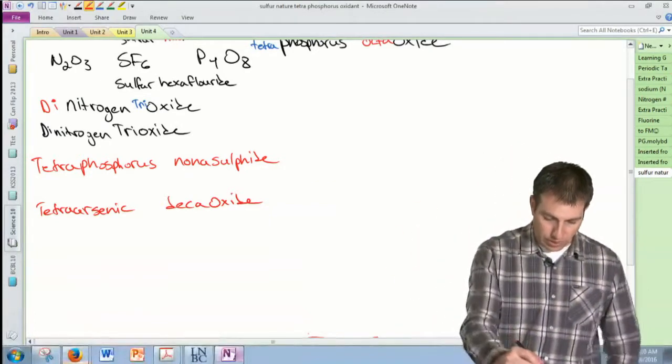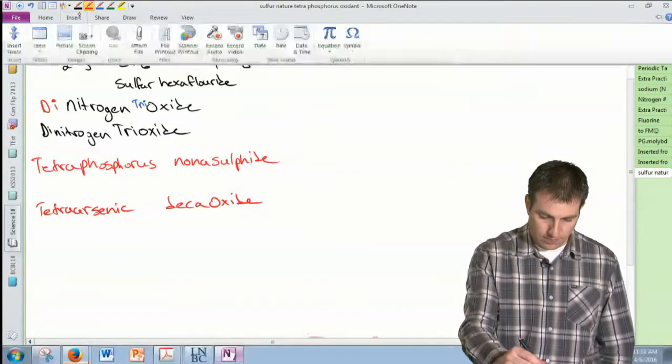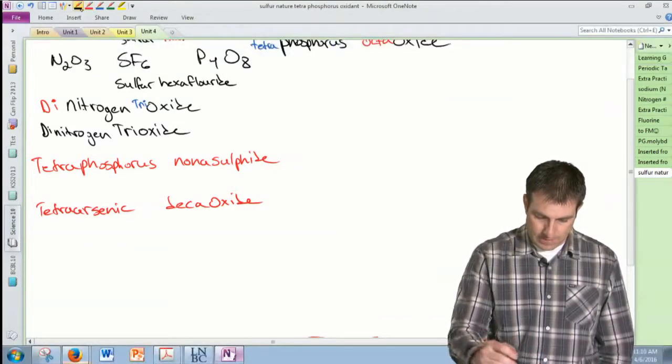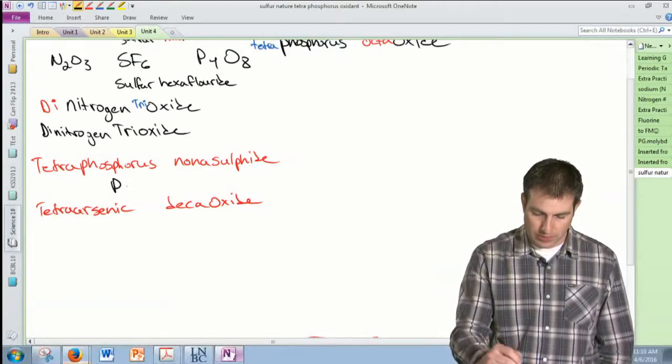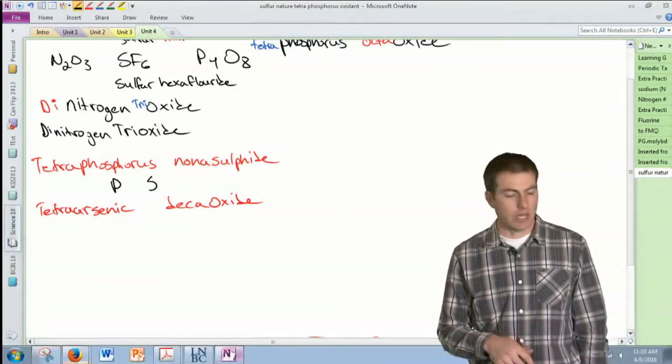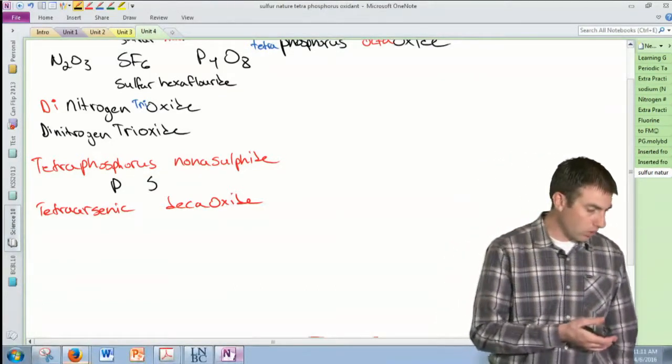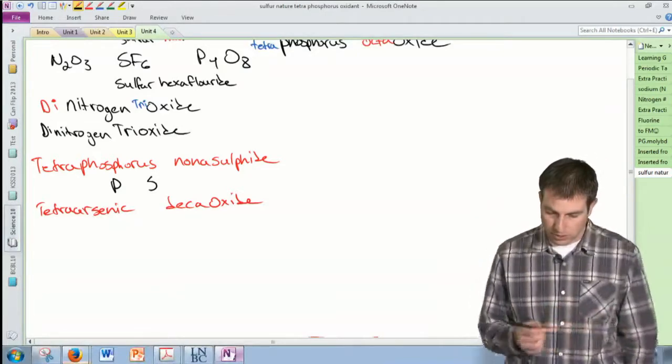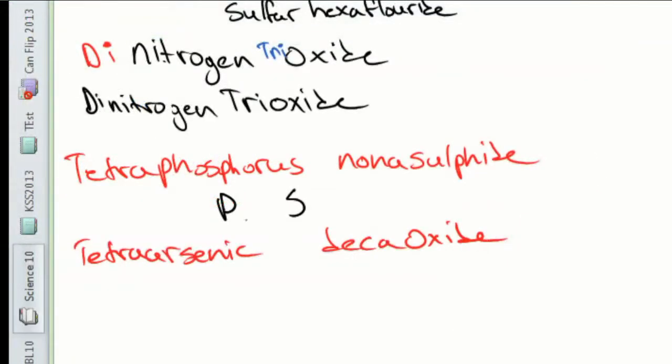Phosphorus I know is P, and sulfur or sulfide is S. If it's tetra, I look on my little sheet and I see tetra means 4, so I have 4 phosphoruses, and nona is 9. So P4S9 is tetraphosphorus nona sulfide.